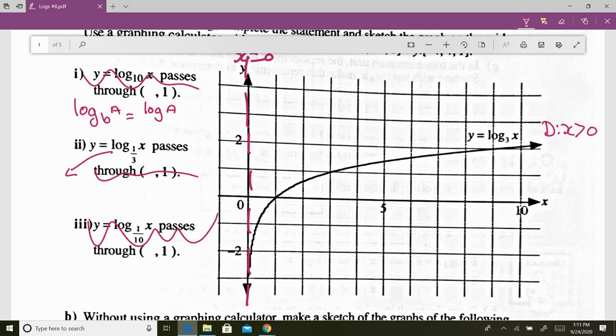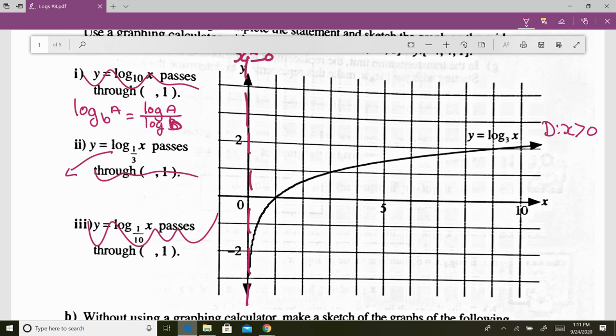What is the base when you don't write the number? 10. So this would be log base 10 of a over the log of the base, lowercase b, of the original, okay?